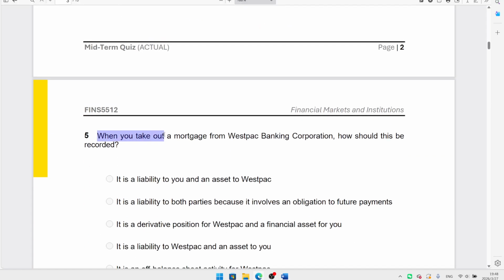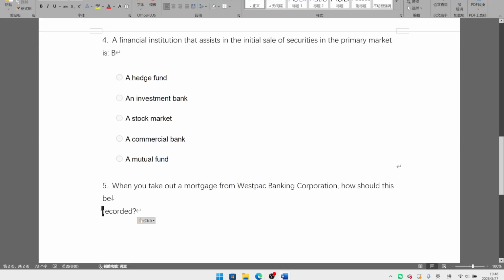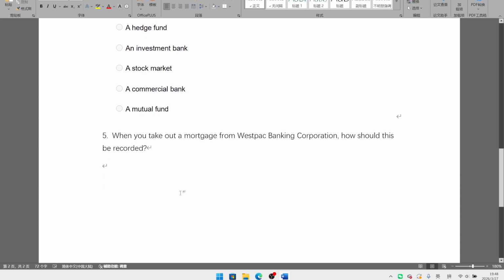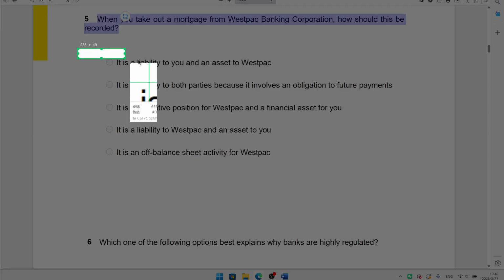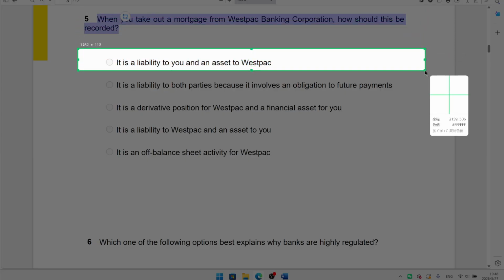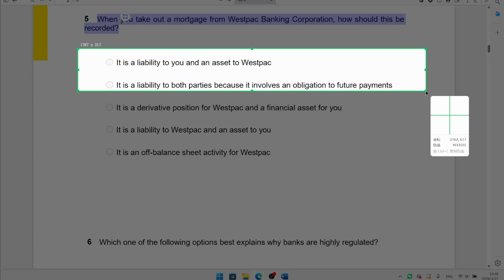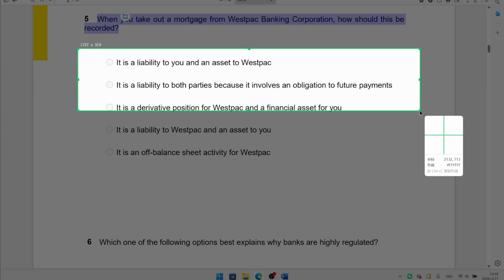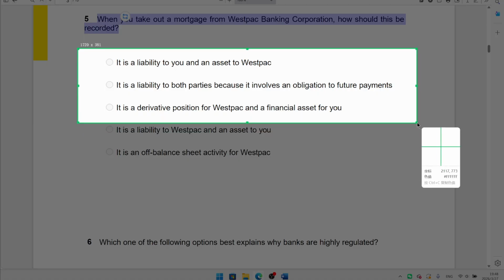The next one is: when you take out a mortgage from Westpac Banking Corporation, how should this be recorded? It's a liability to you. No, mortgage is an asset? It's a liability, both involve obligation for the payment. Mortgage, it's a liability.